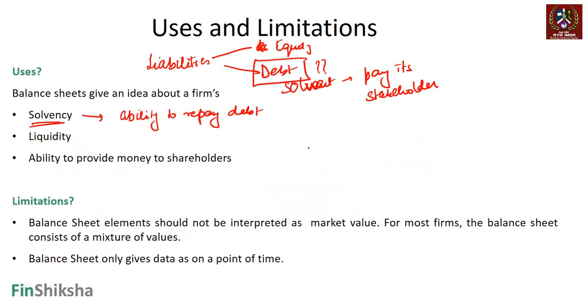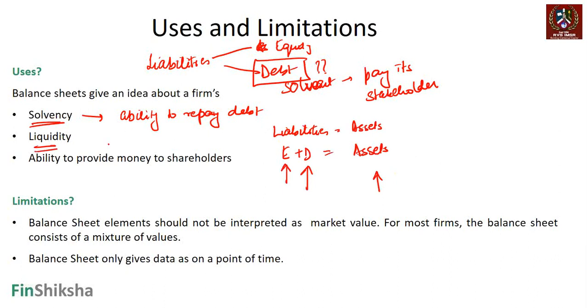Remember, in this equality, when we say equity plus debt is equal to all the assets, that's because liabilities are equal to all the assets and liabilities are equity plus debt essentially. It means that if you sell all these assets, you should be able to repay all the debt and you should be able to repay all the equity holders for the money that they have pumped into the company. Correct? That's the first part that comes in.